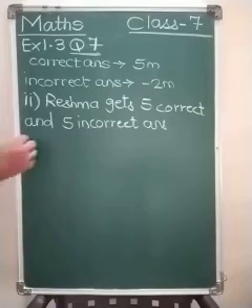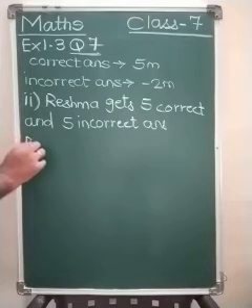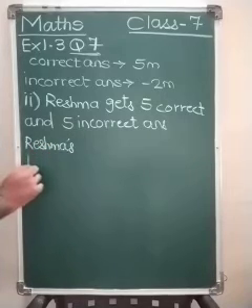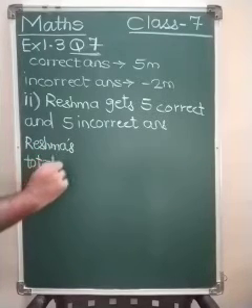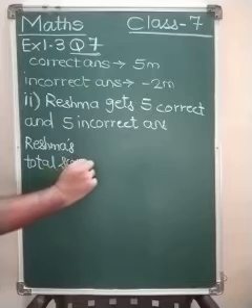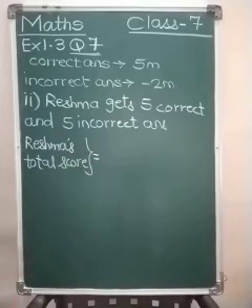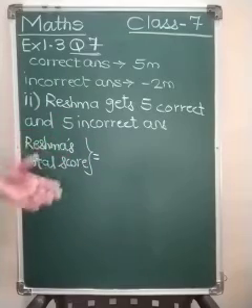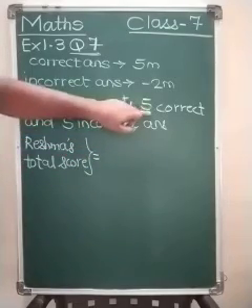How? Here what we will do, we will directly write Reshma's total score. So we are doing somewhat differently. Here the steps are less. So Reshma's total score, she gets 5 correct answers.